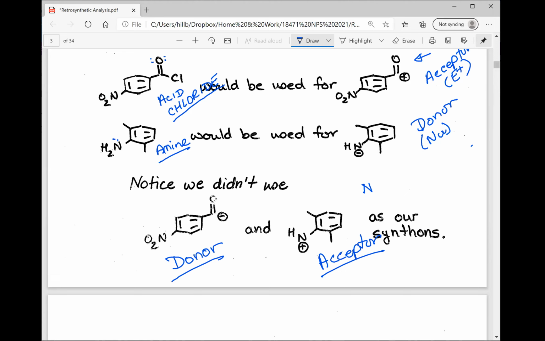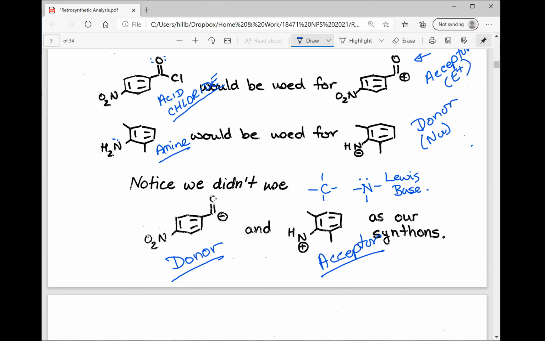Right. So if you think of nitrogen and carbon, nitrogen's got lone pairs. Nitrogen is a Lewis base. So it's got the nucleophilicity built into it already, right?